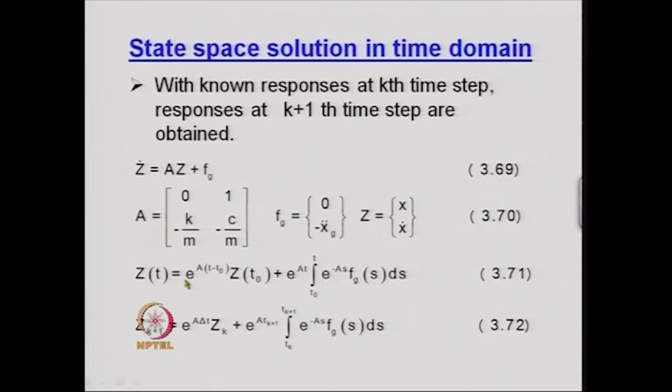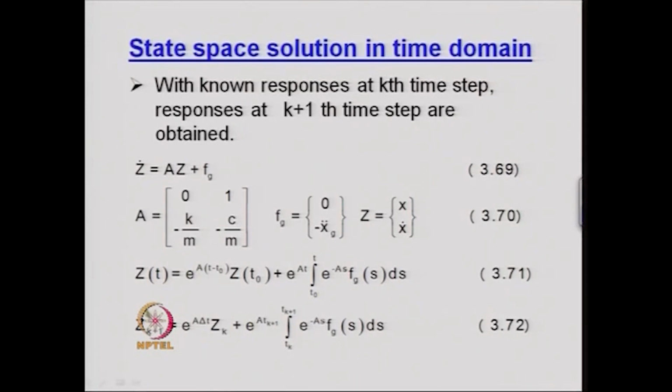Z(t) is equal to e to the power A into (t minus t0) multiplied by Z(t0), which is known, plus this integration. In this integration, e to the power A matrix is involved. Here also e to the power minus A into s is involved, and Fs is the loading function varying between t0 and t, or within the interval.